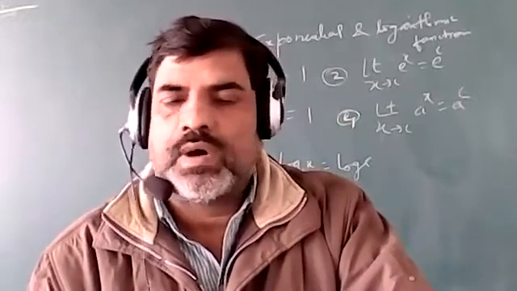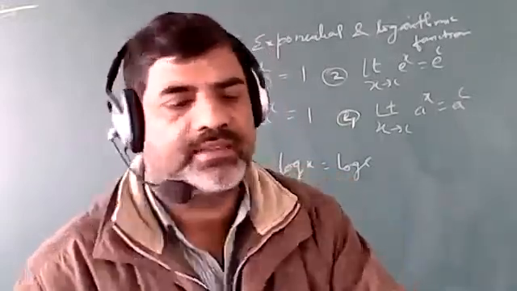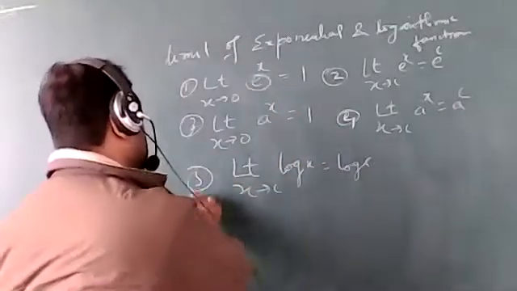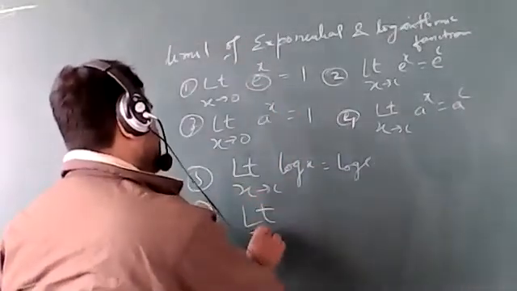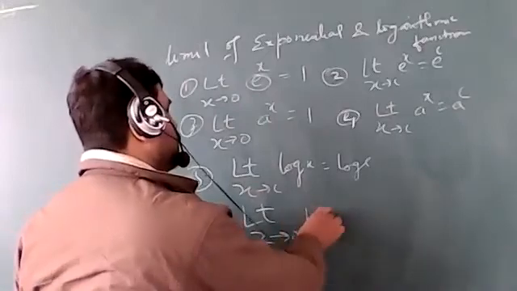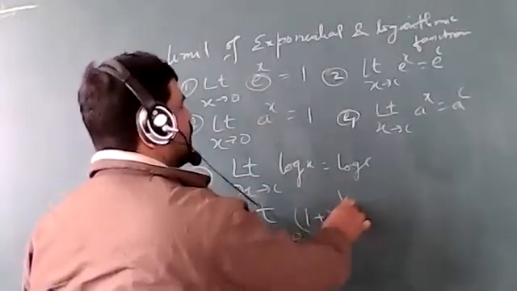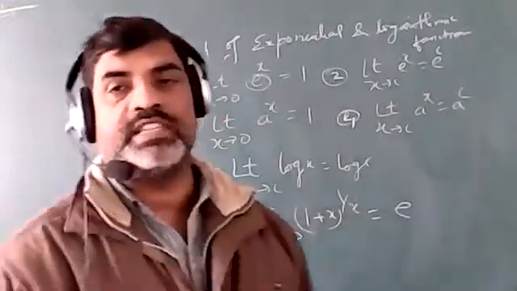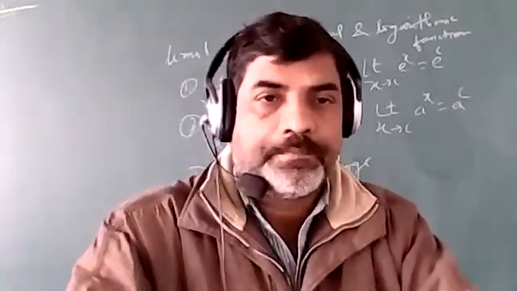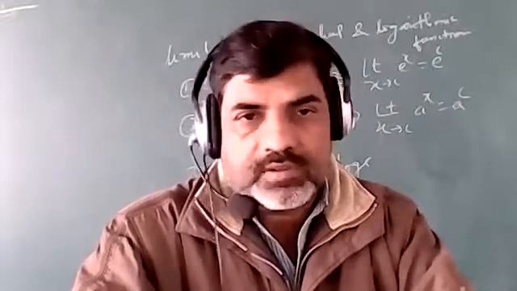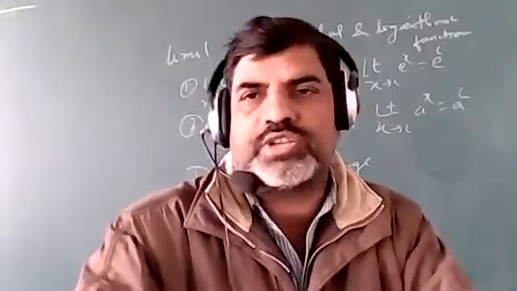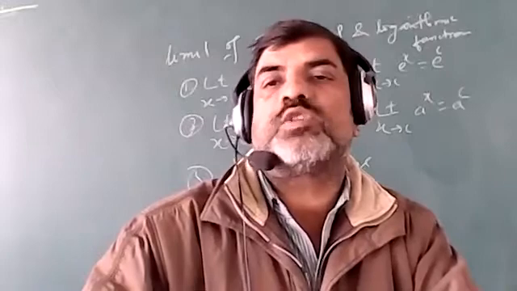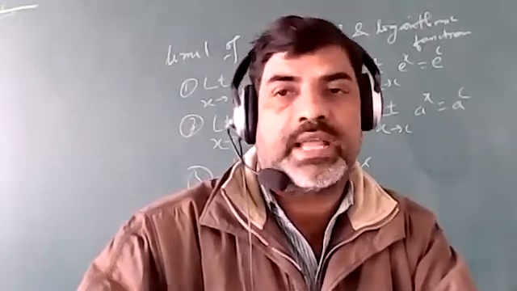Then limit x tending to 0, 1 plus x to the power 1 by x. This value becomes e, where this e is a constant called Napier's constant, and the value of this constant is 2.718.